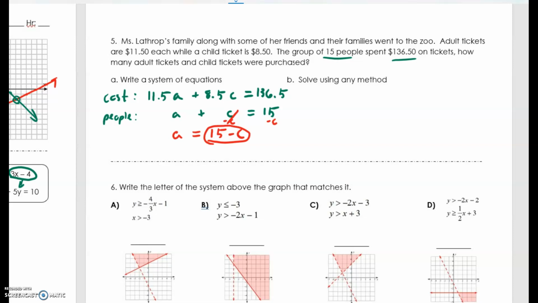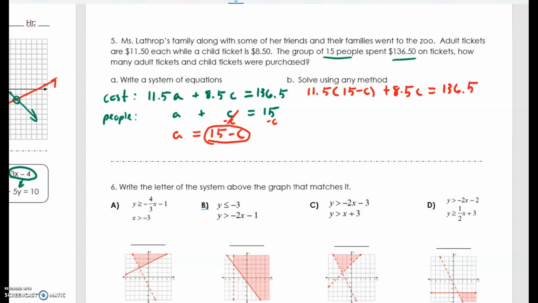So in the top equation, I'm going to plug in 15 minus C in for A. So 11.50, instead of A, I'm putting 15 minus C, plus 8.5C is equal to 136.50.